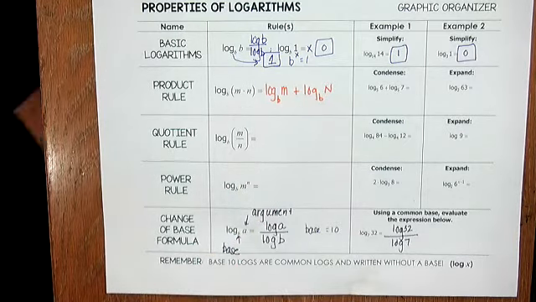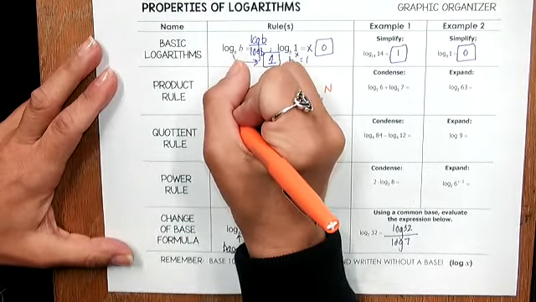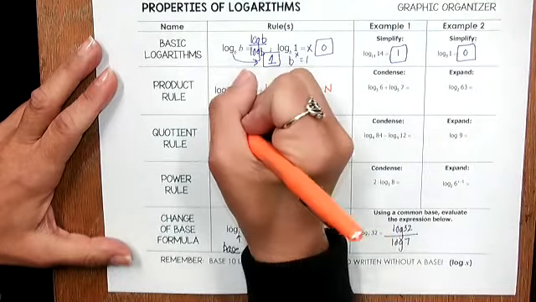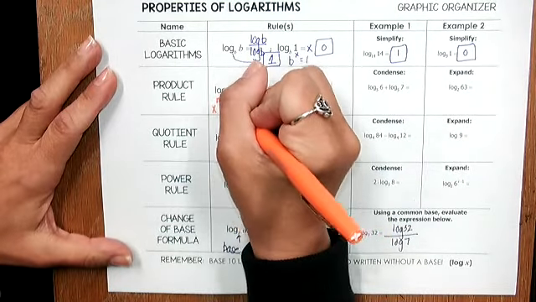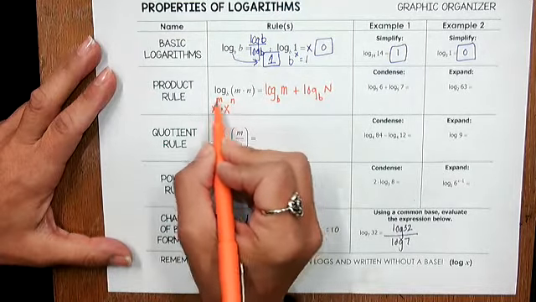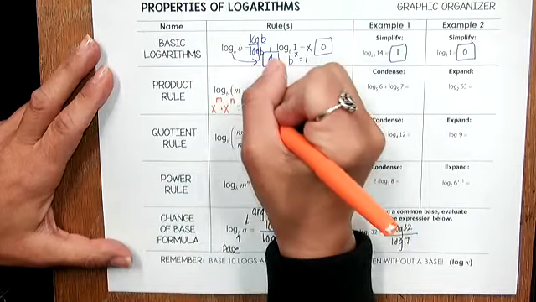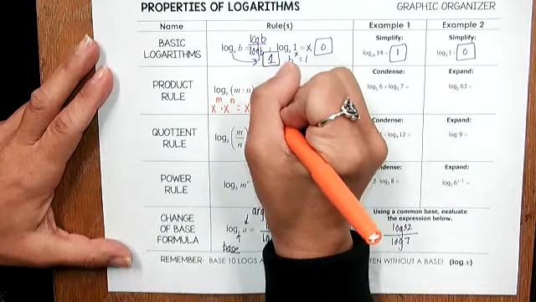You remember that a log is an exponent. If you have x to the m, which is an exponent, times x to the n, which is an exponent, what do you do to the exponents? You add. Remember, a log is an exponent, so it follows the same rules.